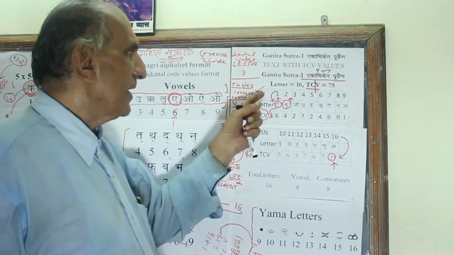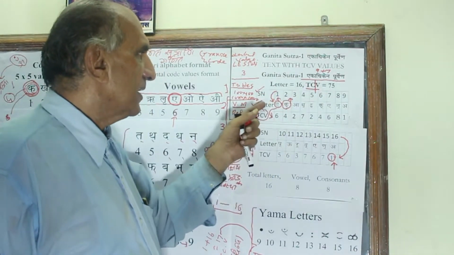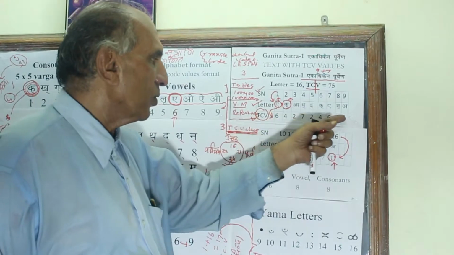Let us make the serial number, then put the letters, and then put the transcendental code values.